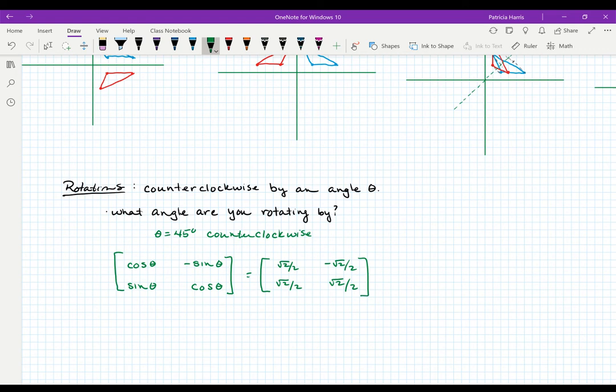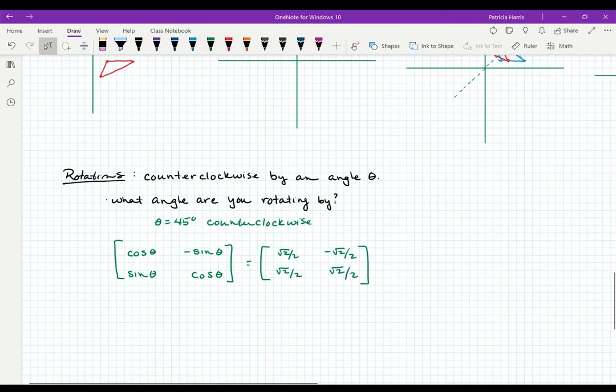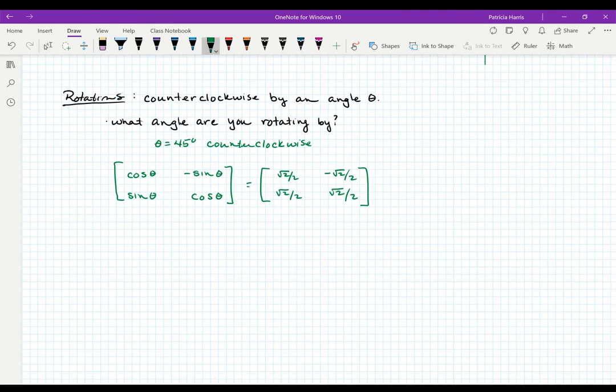Okay. All right. So we're going to take the same triangle that we've been dealing with, and we're going to rotate it 45 degrees counterclockwise. Okay. So let me find my triangle again. So 2, 5, 1, 1, 1, 3. Okay.